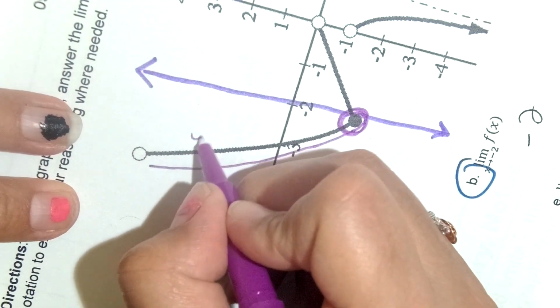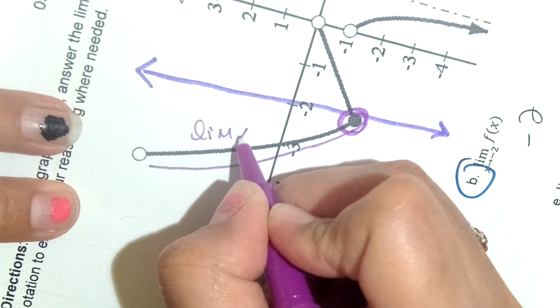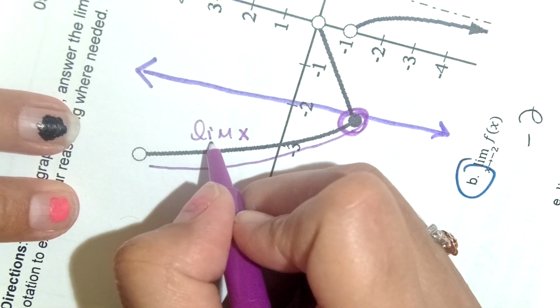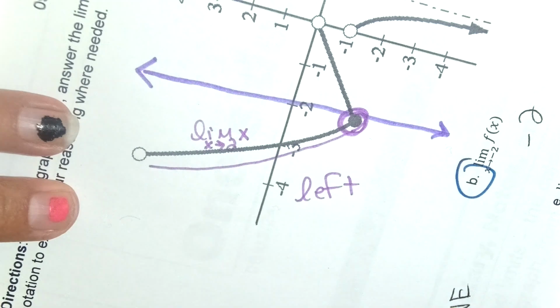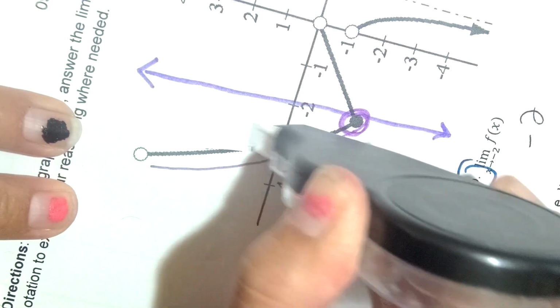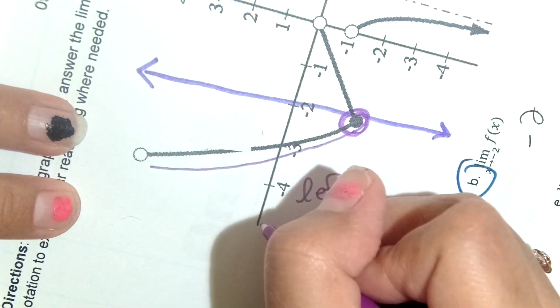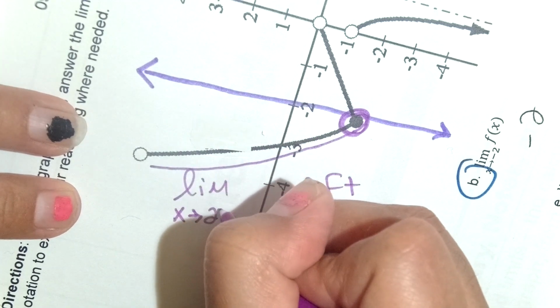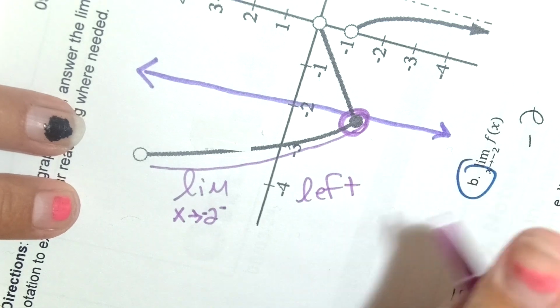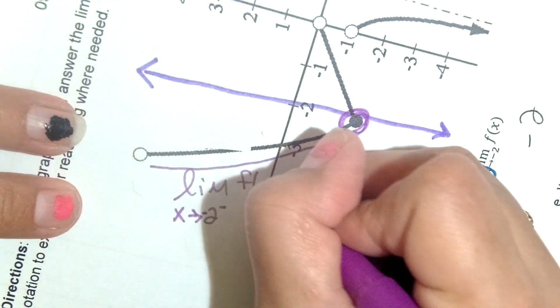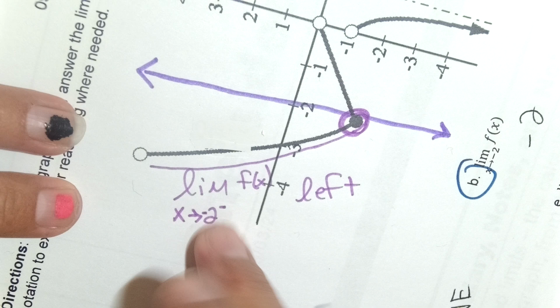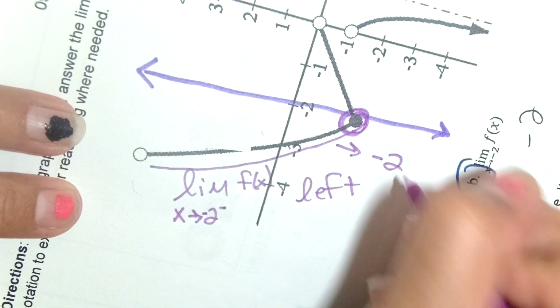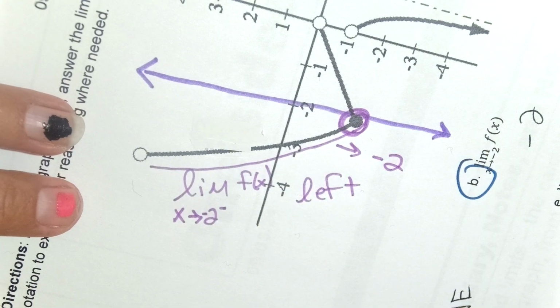So this is the limit as x approaches negative 2 from the left of f of x. And we found this to be negative 2. Any questions on that?